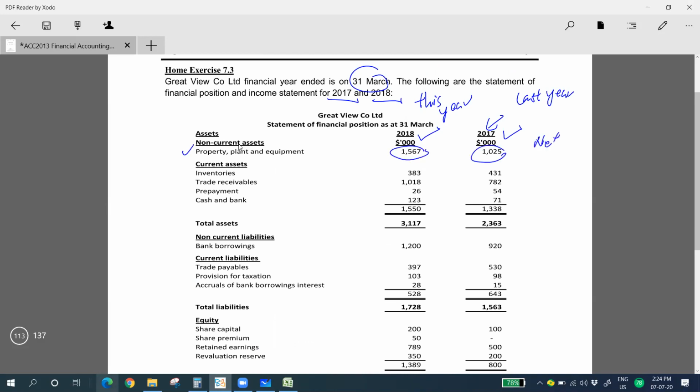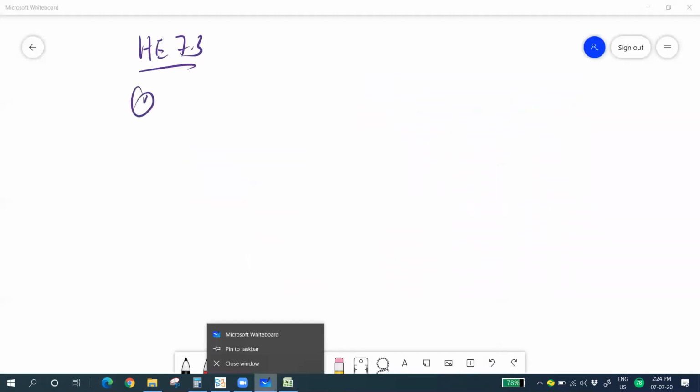This is net book value of your property, plant, and equipment. This examiner did not split the cost and accumulated depreciation for you. They net the amount. So later on, when we do the adjustment, we have to do it on a net book value basis.